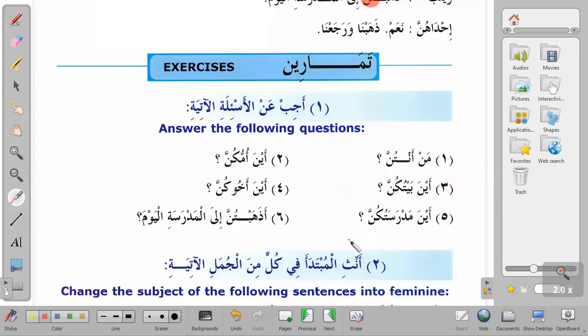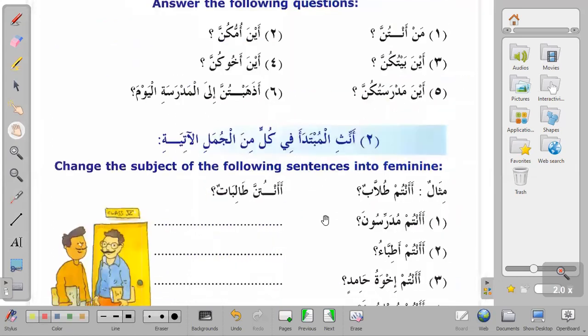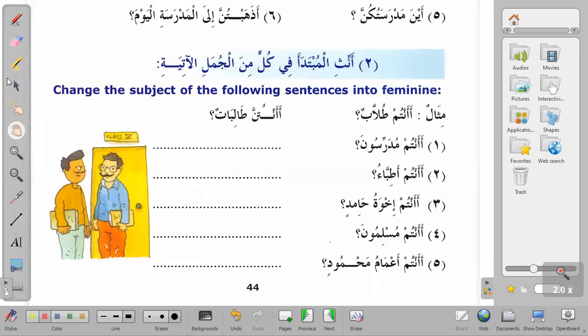Now let's do the second assignment. The second one is long, right? So we have here: أنس المبتدأ في كل من الجمل الآتية.